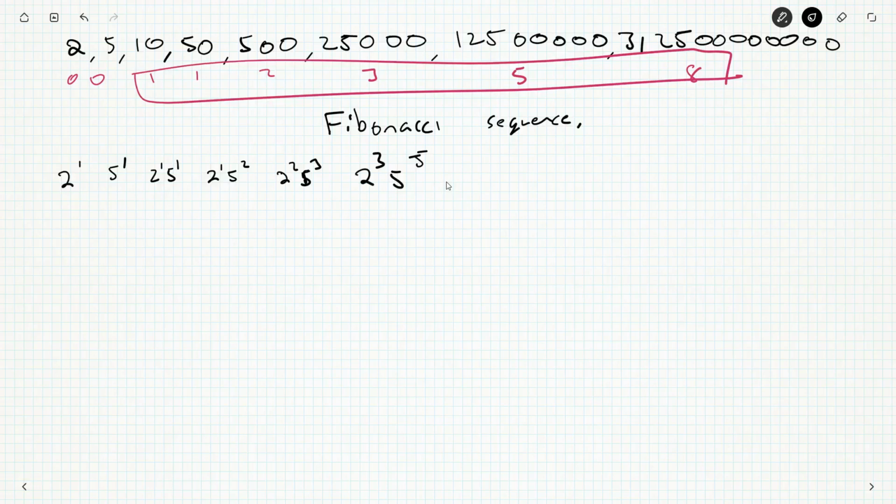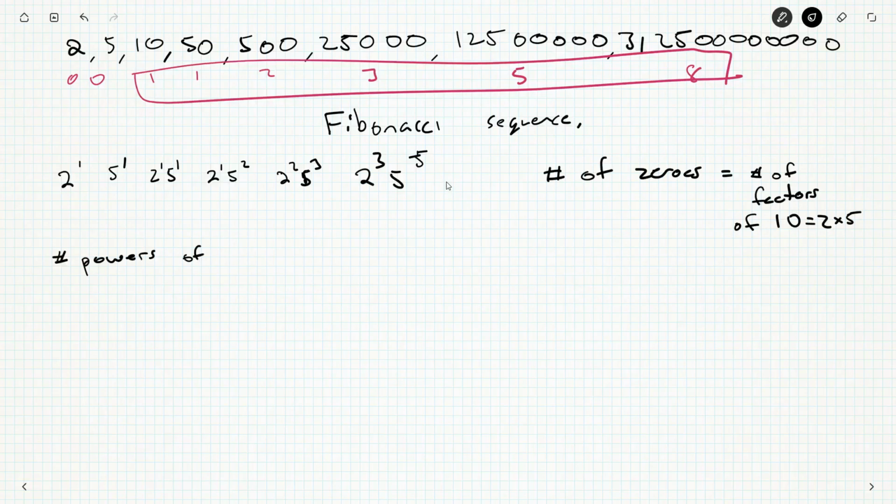So, what can we do here? Number of zeros equals number of factors of 10. The powers of 2 are always less, so we need to make a 10. We need a 2 and a 5. So the number of powers of 2 is less than the number of powers of 5.